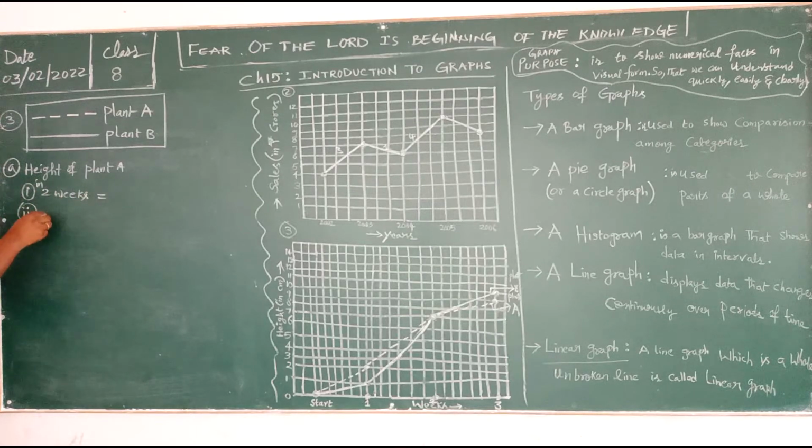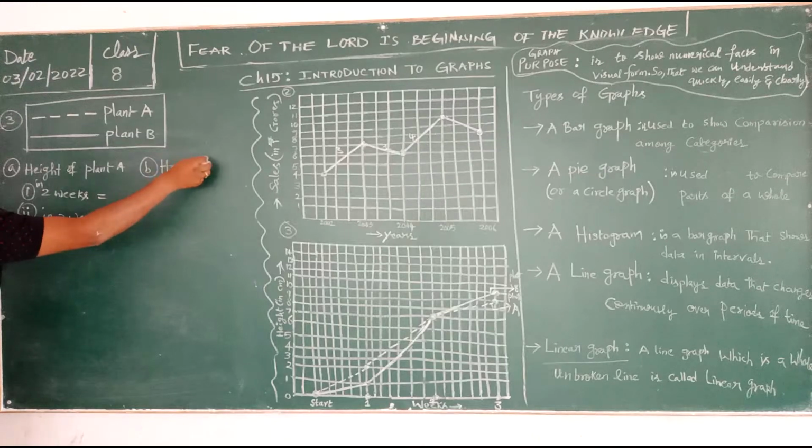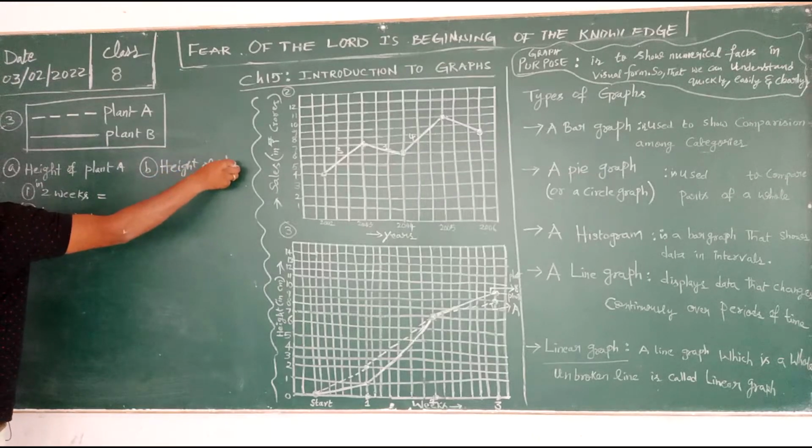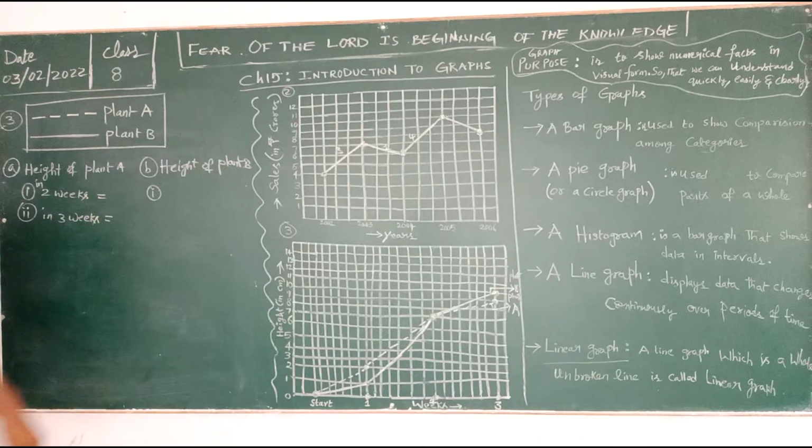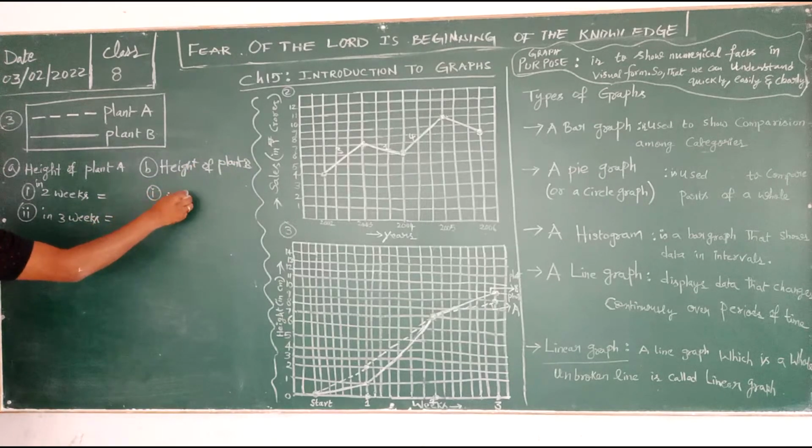And the second one: in 3 weeks, what is the height of plant B? Height of plant B you need to find. In the first one, it is in 2 weeks.